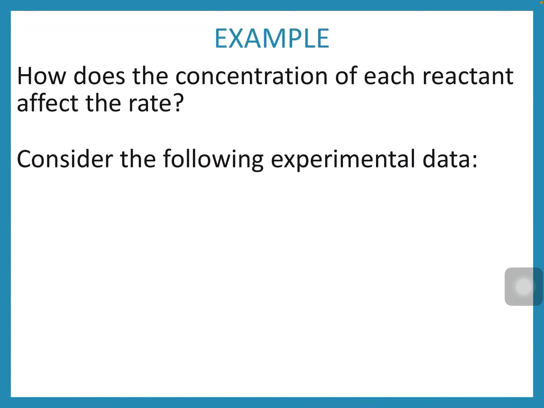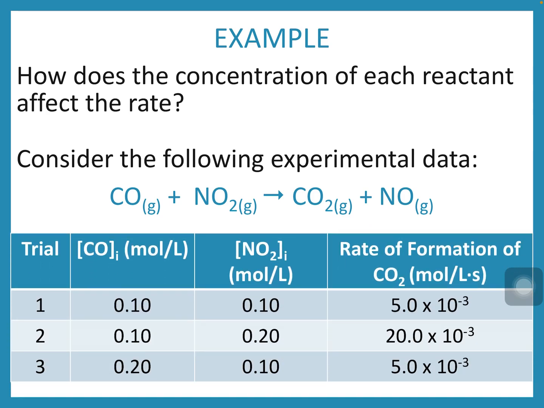So if I take a look at another reaction, carbon monoxide and nitrogen dioxide reacting to form carbon dioxide and nitrogen monoxide. Here is the reaction data, and this time I have 2 different reactants. Sometimes increasing one reactant will not make a difference, but increasing another reactant will, and sometimes both of them will make a difference.